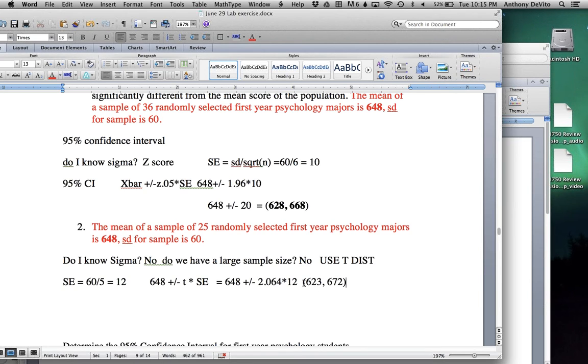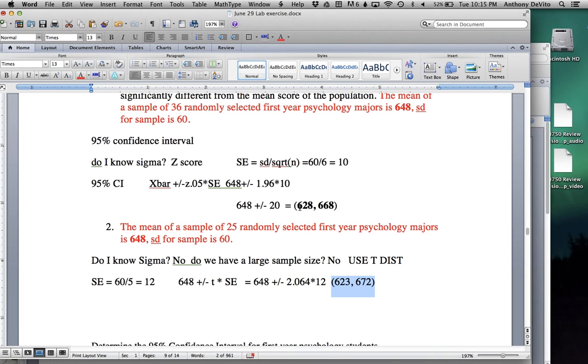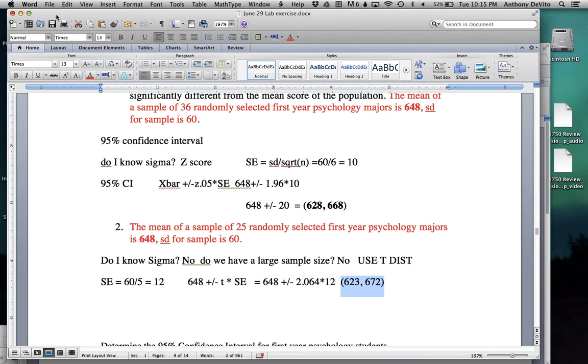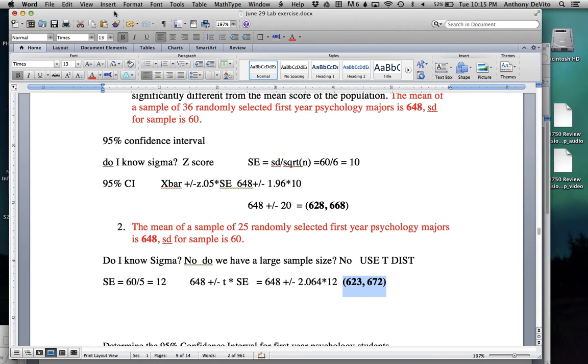Okay, so now, in order to be 95% sure that we capture the true population mean for psychology majors, instead of having a range from 628 to 668, we have a range from 623 to 672. Okay, it's gotten to be a wider range.